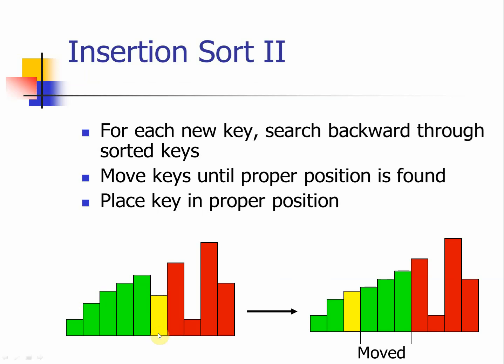It will compare one by one until you find that the item before it is smaller than the yellow item, then we know it has found the right position. We process one item at a time and increase the green part by one item at a time. In this example, we will work on this one.